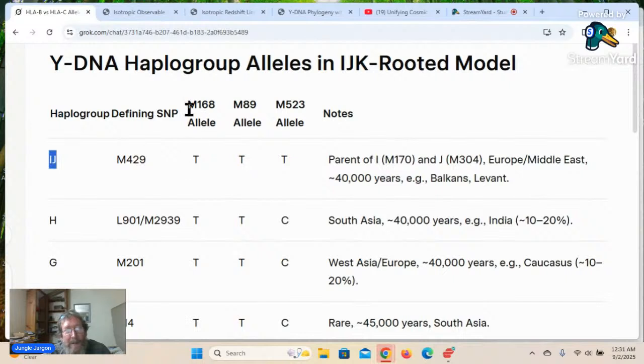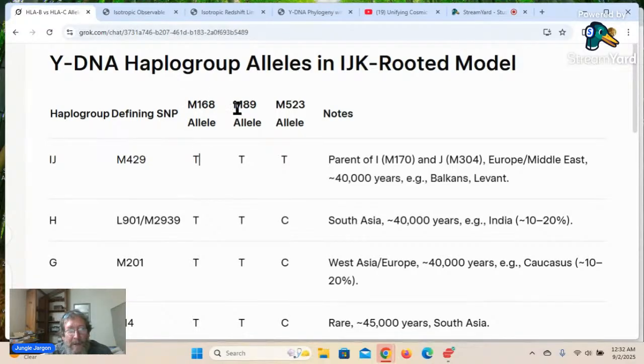And the M168 allele is T. So it's M168-T in the IJ. Now this carries, for some reason, somehow, they were never included in any of the information that I researched before.